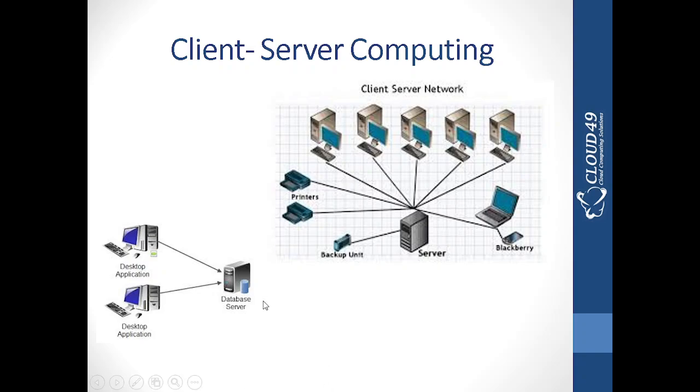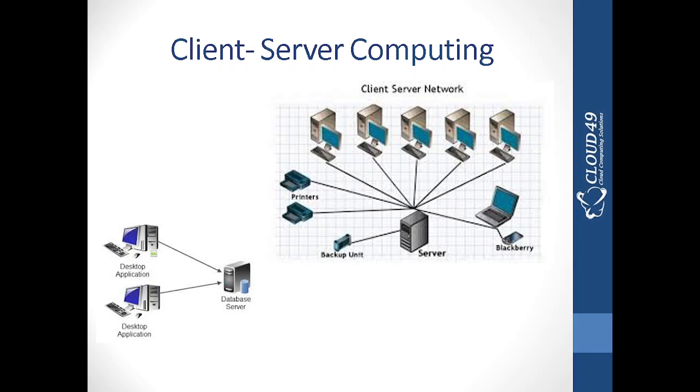And here the server can be a database server, web server, application server, or different servers. It depends on the work of the server. If the server is providing mail services, we call it a mail server. If the server is providing web services, then we call it a web server. If the server is providing data to the customers or to the client machines, this type of server is called a data center server.